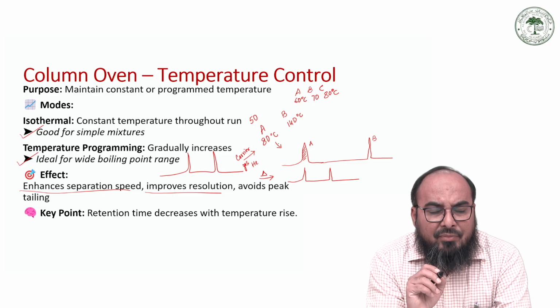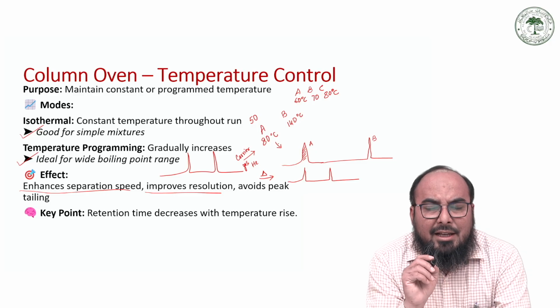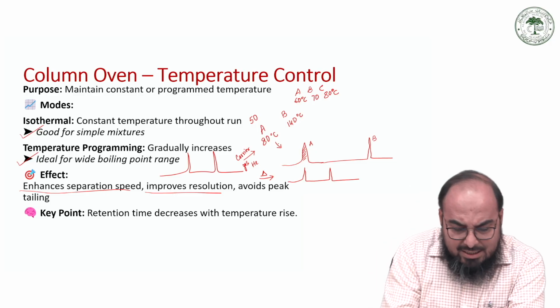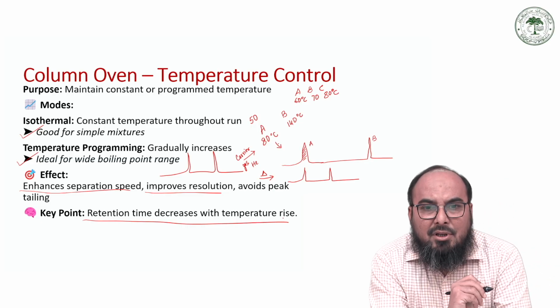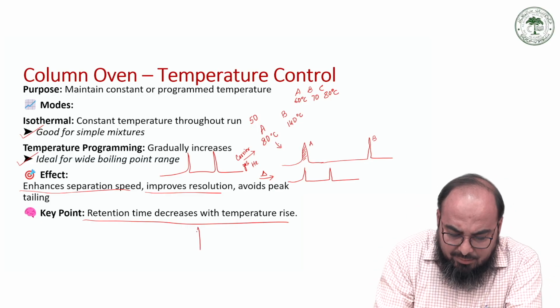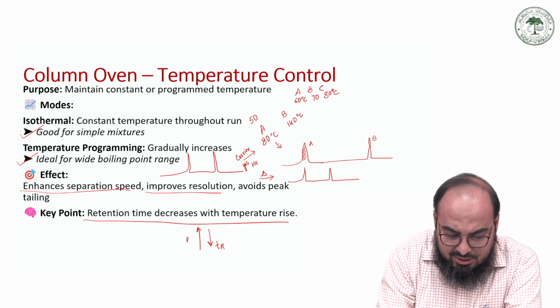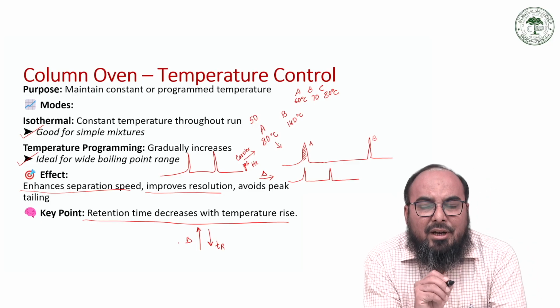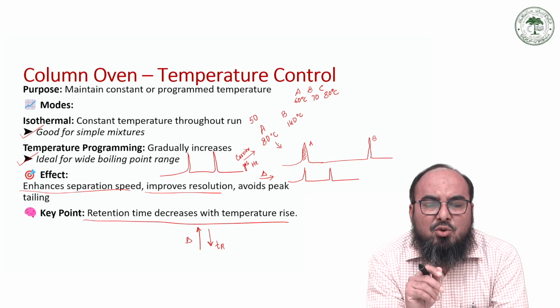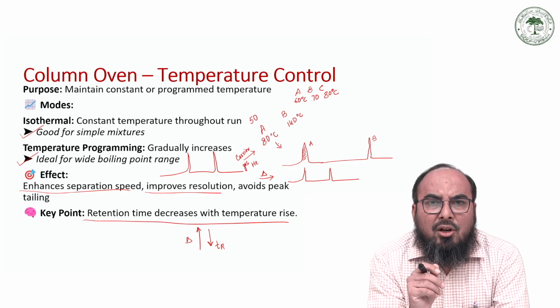So here the important factor is that temperature has decreased the retention time. The moment you increase the temperature, the retention time, that is TR, decreases. So this is the key point, and this is the point by which you can actually program your chromatogram, or you can say your GC.